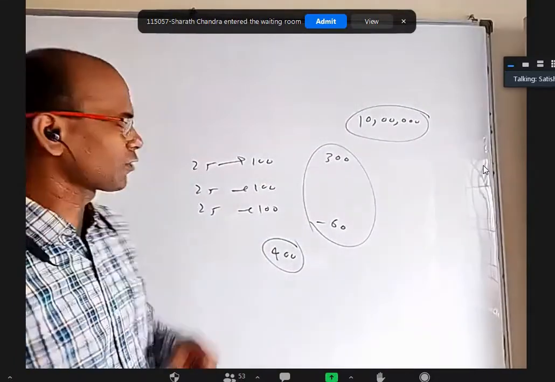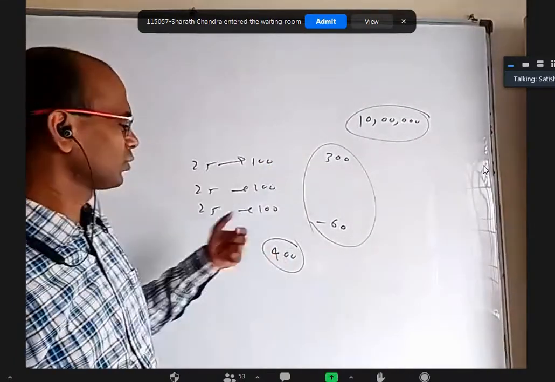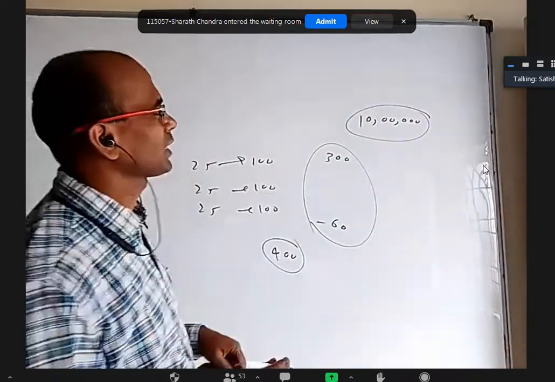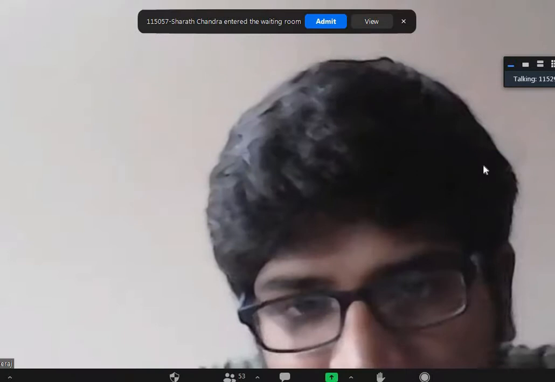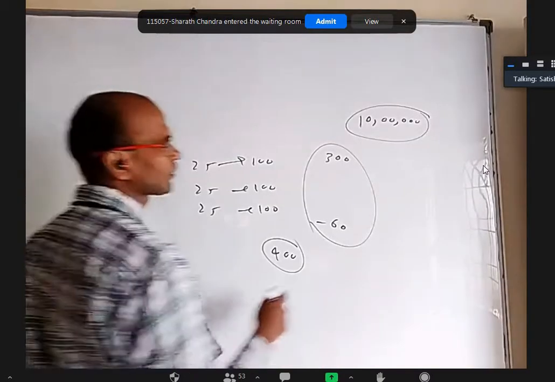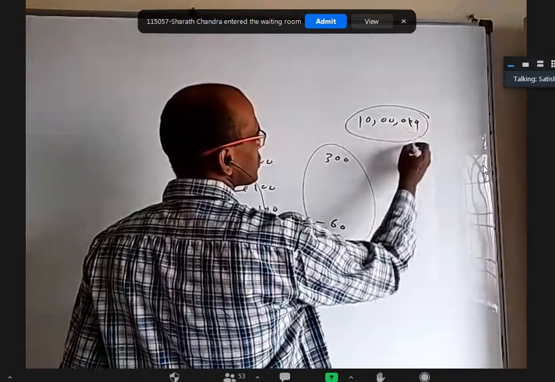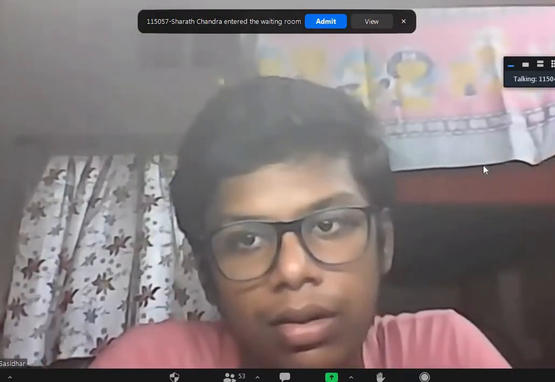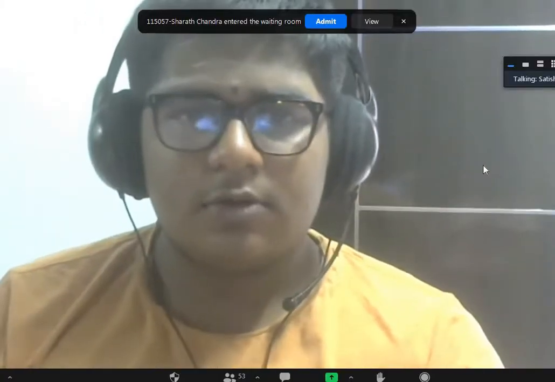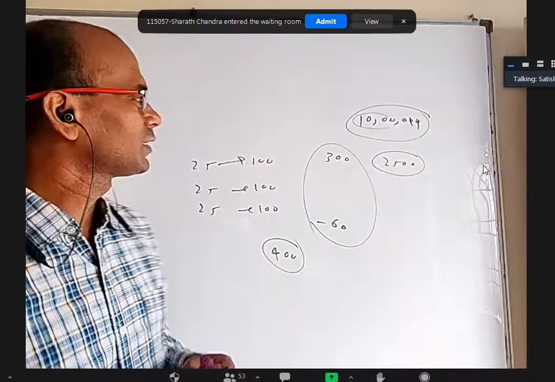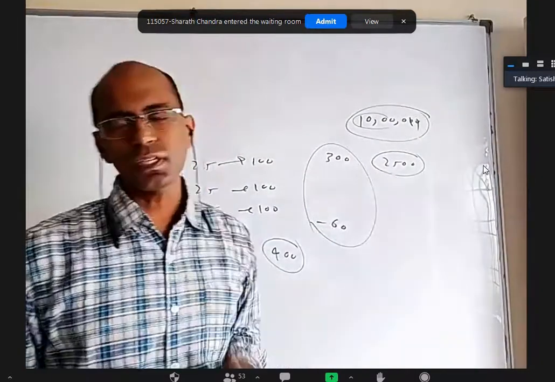So 400 numbers and 10 lakh people. So what is 10 lakh by 400? 2 zeros and 2,500. 2,500 ranks for 1 mark. So if 2 students' marks differ by only 1 mark, their rank difference will be 2,500.